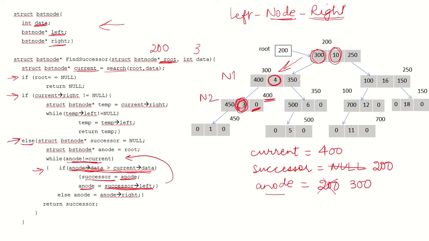So again it is greater than the current data. That means again we have to go left. So in this case, if this is greater than current arrow data, now our successor will become anode, which is 300, and our anode will become successor arrow left. So successor arrow left is 400.